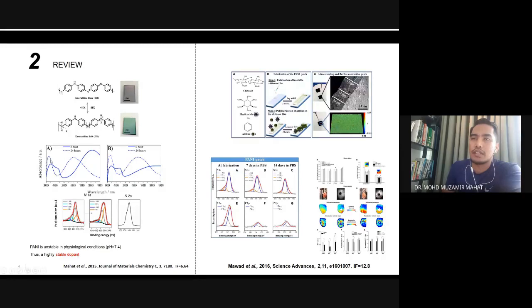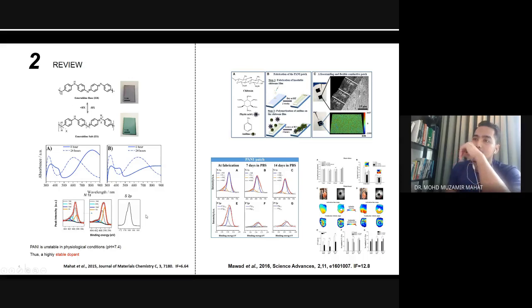It means that it is similar to the old version. The conclusion from this observation is that although you have A and B, different types of acid being used, we see that this polymer is actually relatively unstable.